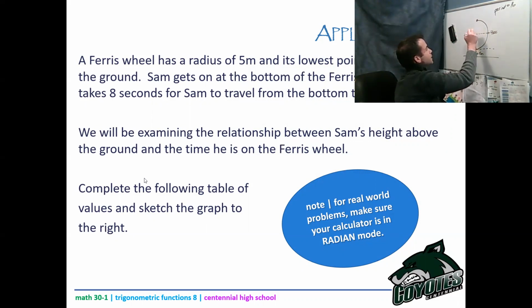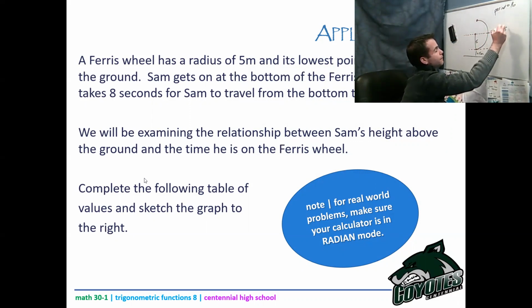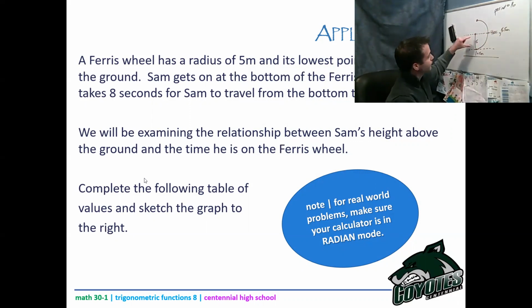Well, that distance puts me right at the center of the Ferris wheel. Do you have a word in your head for going from the center back to the outer edge of the circle? That's the radius. So we know that this piece here has to be 5. So at 4 seconds, Sam is going to be 5.5 meters high because I have the 5 of the radius and the 0.5 that I was off the ground.